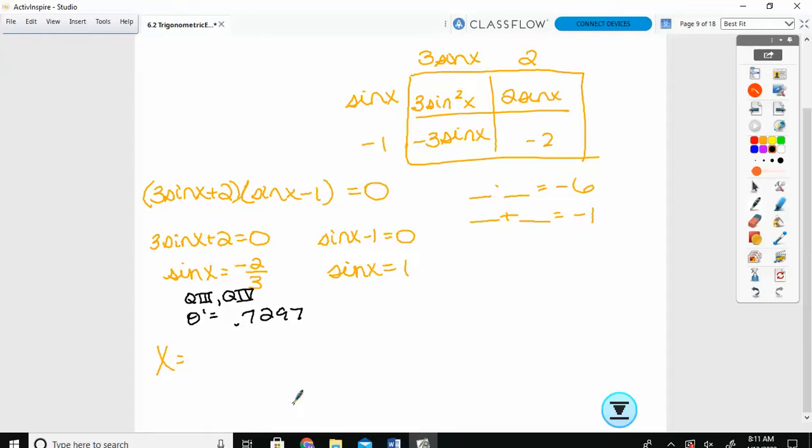So we do pi plus the 0.7297. So we get 3.8713. In quadrant 4, we do 360 minus if we're in degrees. So in radians, it would be 2 pi minus 0.7297. So we get 5.5535.